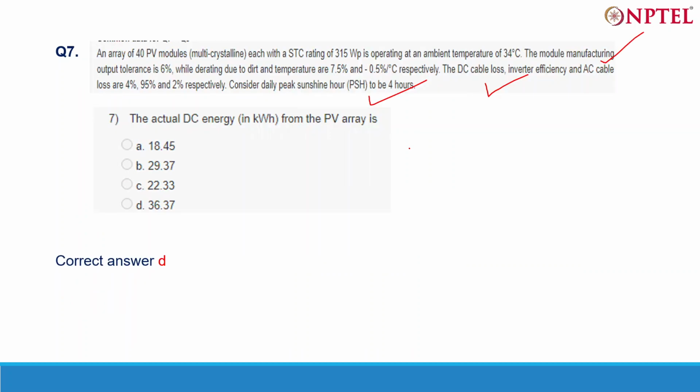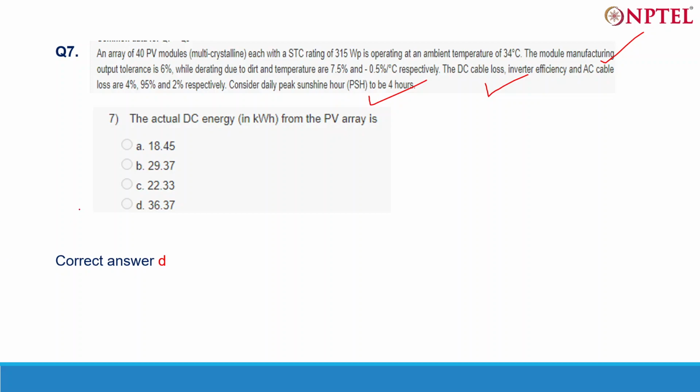So you have the formula from this, no? The last slide which I discussed. Okay. So just apply them. It's not a very difficult question to start with. Or do you want me to solve it?